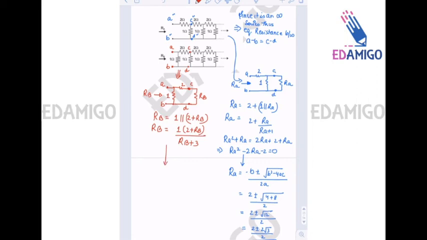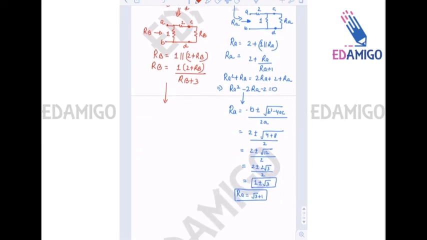So this can be seen as RB square plus 3RB is equal to 2 plus RB, that is RB square plus 2RB minus 2 is equal to 0.